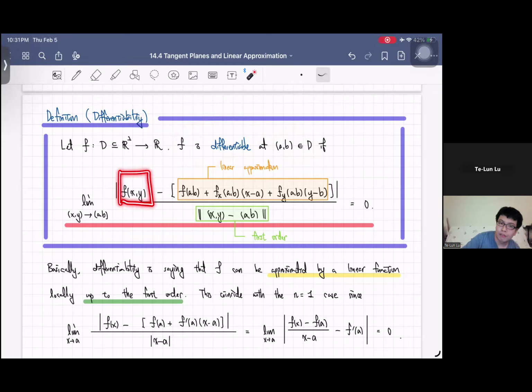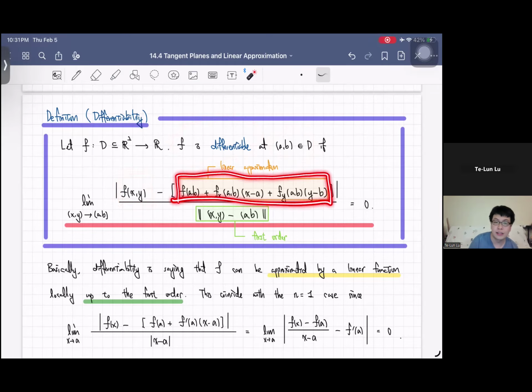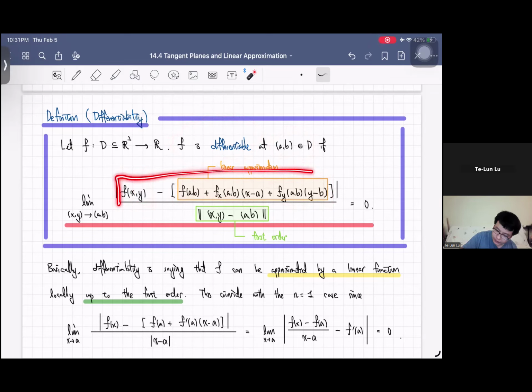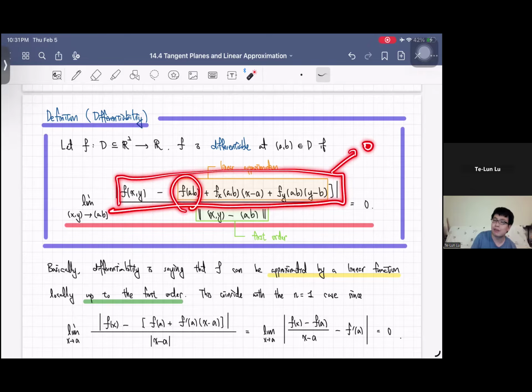This is the function itself, right? And we recall from our previous intuition that this is the linear approximation or the tangent plane of the function f at the point AB. So previously we say that we want the first order approximation, right? So simply saying that this guy goes to 0 is not really sufficient because in fact, any kind of function which passes through AB, f of AB actually satisfies this type of limit, right?